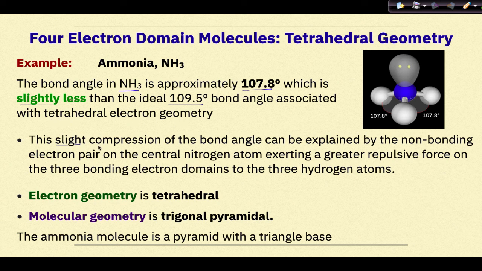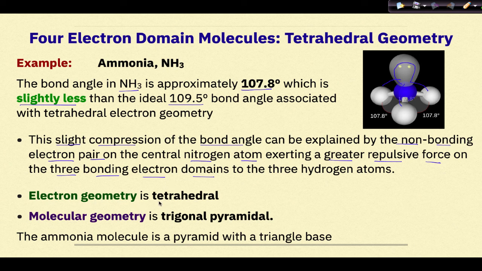This slight compression of the bond angle can be explained by the non-bonding electron pair on the central nitrogen atom exerting a greater repulsive force on the 3 bonding electron domains to the 3 hydrogen atoms. So this lone pair pushes down on each one of these shared electron pairs, making these bond angles slightly compressed.